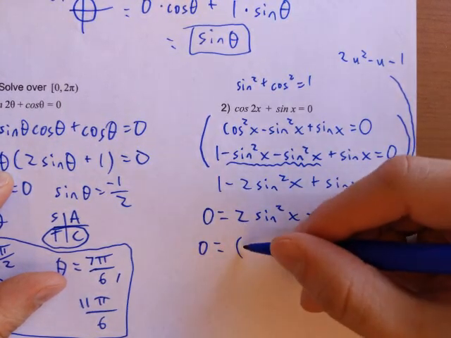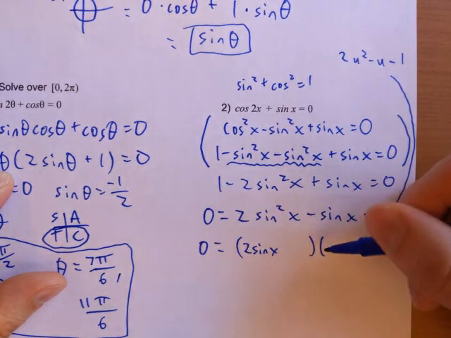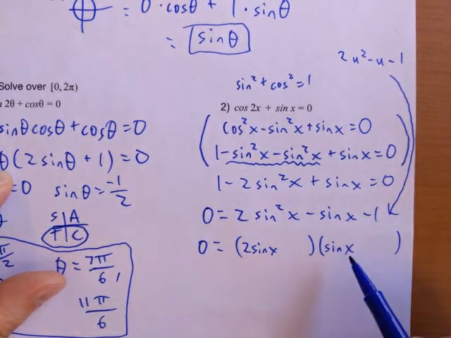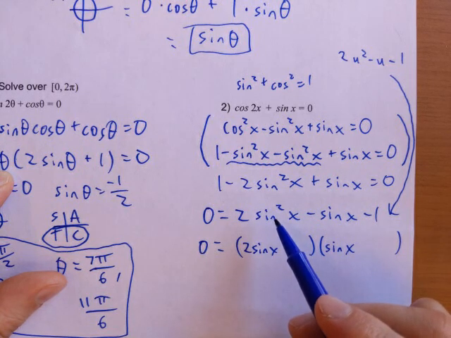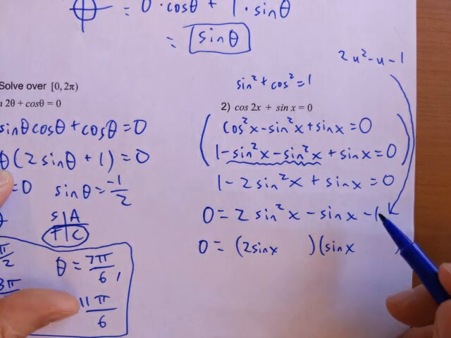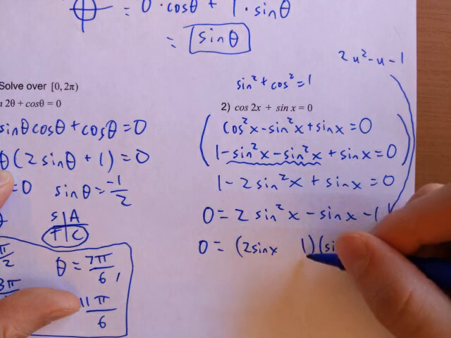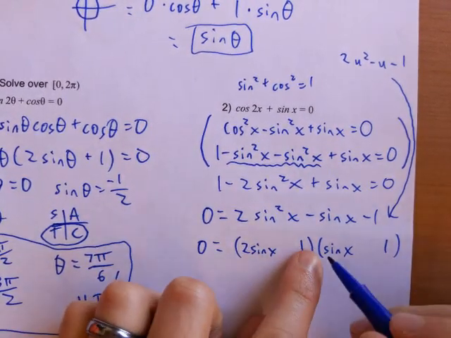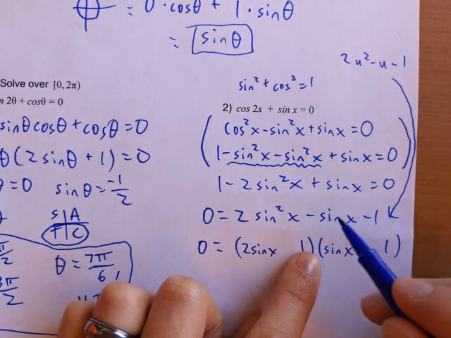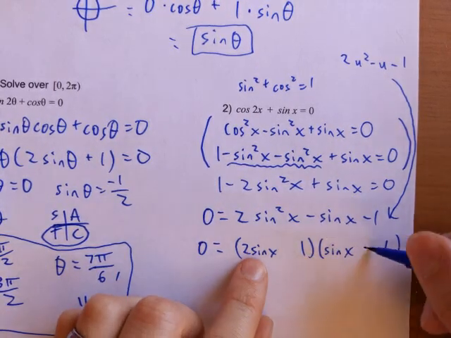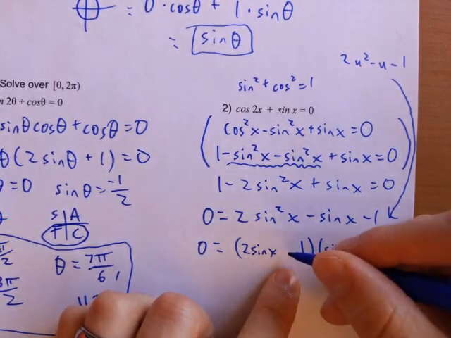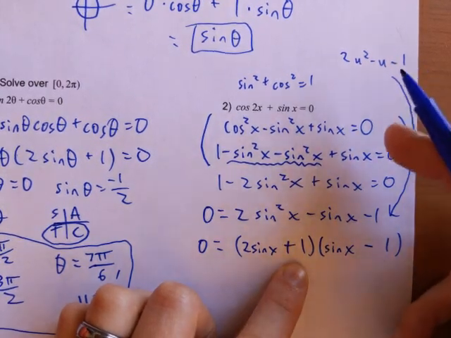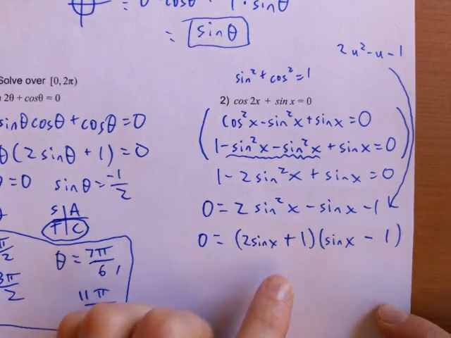I'll need a 2 there. So I'll have 2 sine x and sine x. 2 sine x times sine x gives me 2 sine squared. And I've got to multiply to -1, so it's got to be 1 and 1. So I'm going to have 2 sine x and 1 sine x. Well, to get -1 sine x, I want -2 sine x's and plus 1 sine x. And you can do the u substitution there if you prefer.